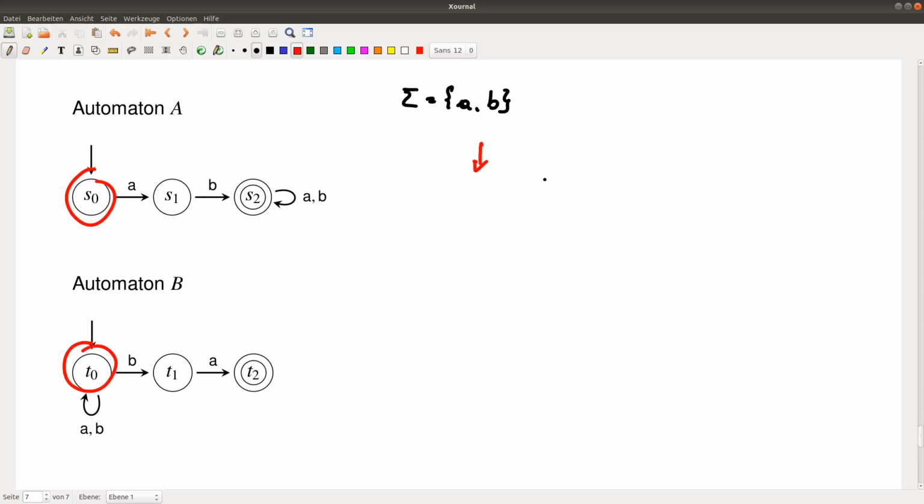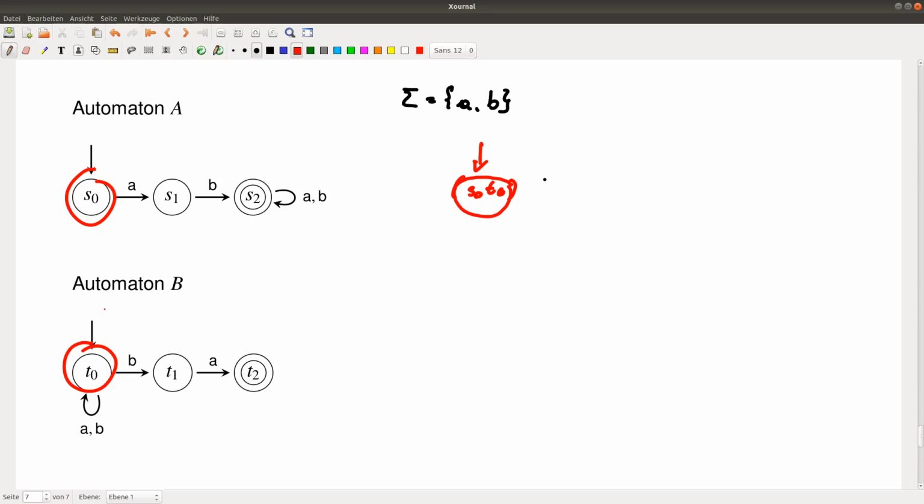We first start with the state S0, T0. I do not write the pair notation, but just write the two states. So we begin with S0 T0. We have only one initial state in each of the automata. Therefore, we also have only one initial state in the product.